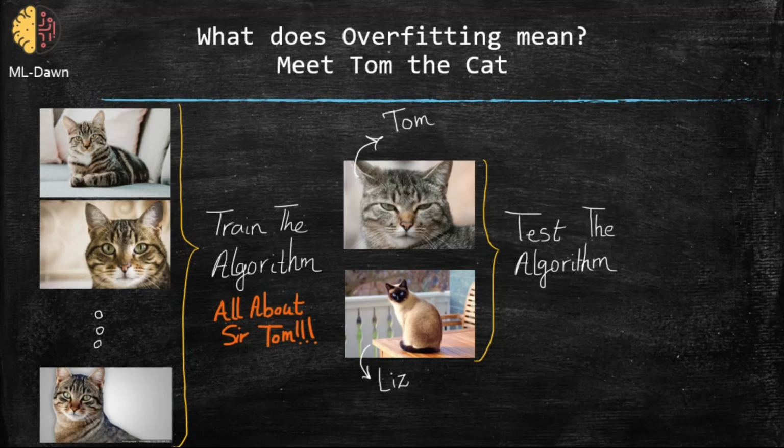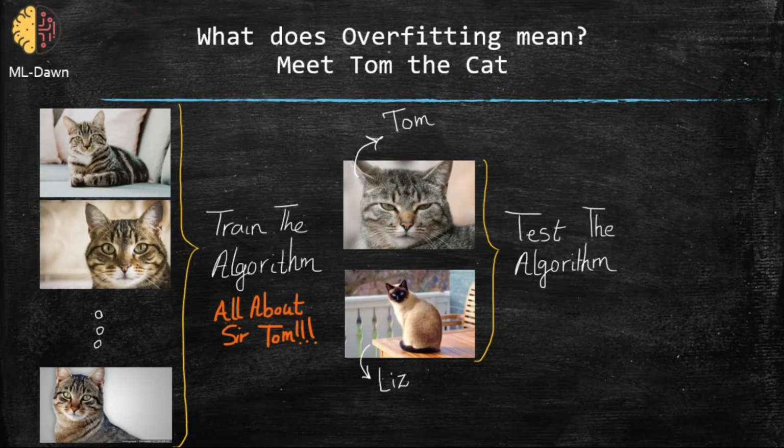It has memorized that only Tom can be a cat. So it can never generalize its knowledge to new images of other cats, and it will just reject them and label them as not a cat. So we can say that it has actually overfitted to the training data.